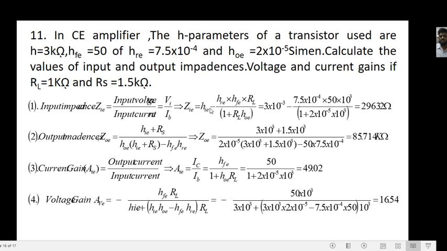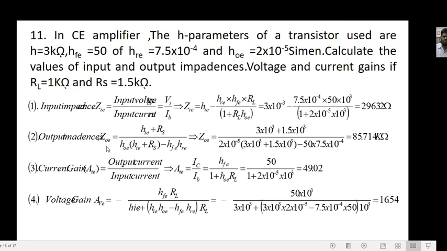So ZIE is equal to HIE minus HRE into HFE into RL divided by 1 plus RL HOE, that is equal to 3 into 10 power 3 minus 7.5 into 10 power minus 4 into 50 into 10 power 3 divided by 1 plus 2 into 10 power minus 5 into 10 power 3. So we can substitute all the given values in this equation. We get 29,632 ohm.